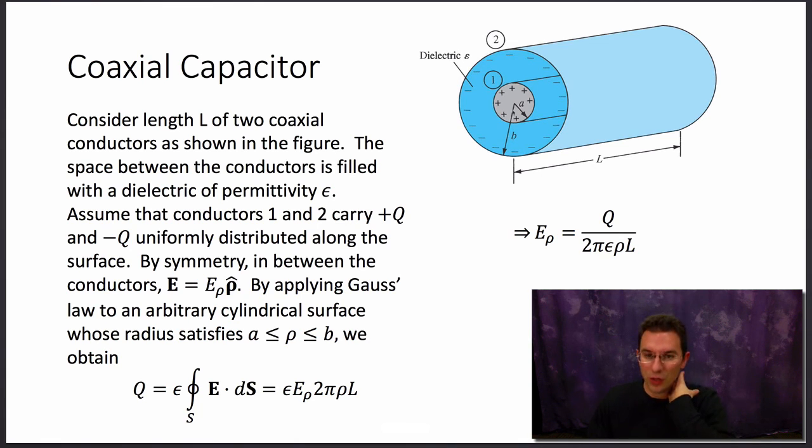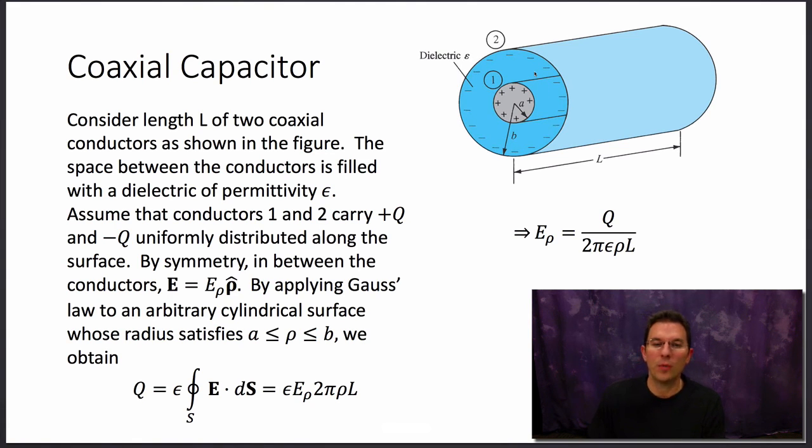The inner conductor is positively charged, the outer conductor is negatively charged. In between, we have some dielectric with permittivity epsilon. It could be free space, it could be plastic, it could be whatever, but it's just some dielectric material between the two conductors.